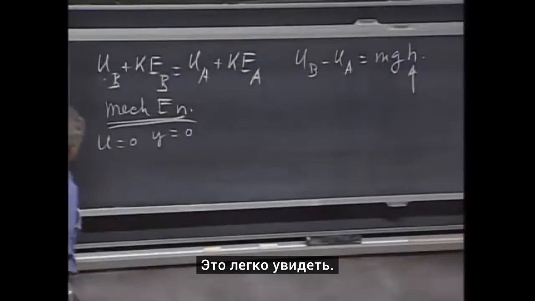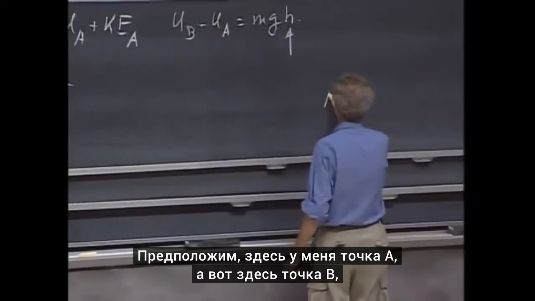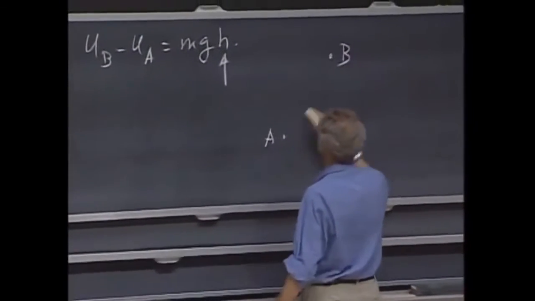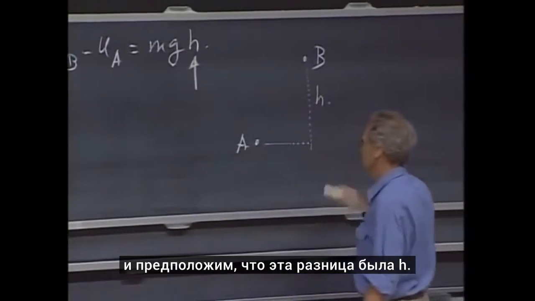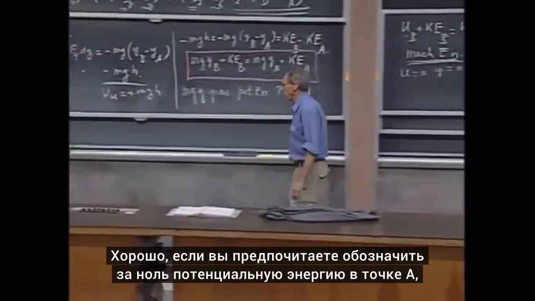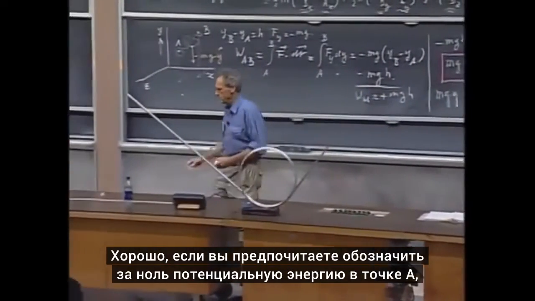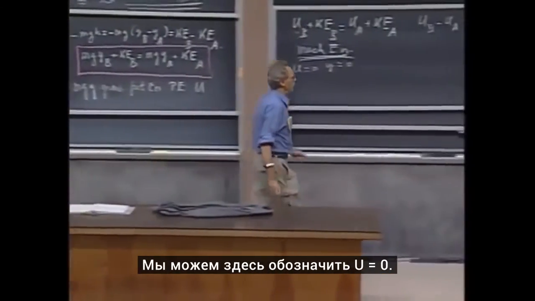It's easy to see. Suppose I have here point A and I have here point B. And suppose this separation was h. Well, if you prefer to call zero potential energy at A, I have no problems with that. So we can call this u equals 0 here.